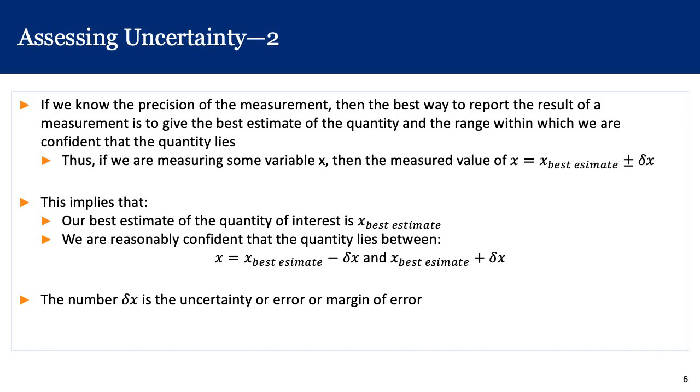This implies that our best estimate of the quantity of interest is x best estimate, and we are reasonably confident, and we'll talk more about what we mean by reasonably confident later, that the quantity lies between x best estimate minus delta x and x best estimate plus delta x.